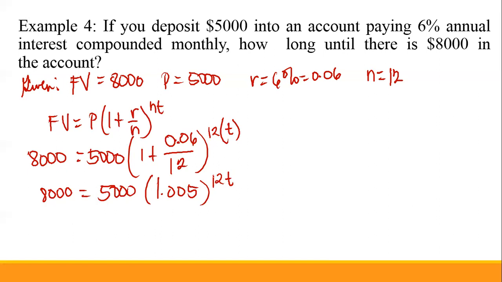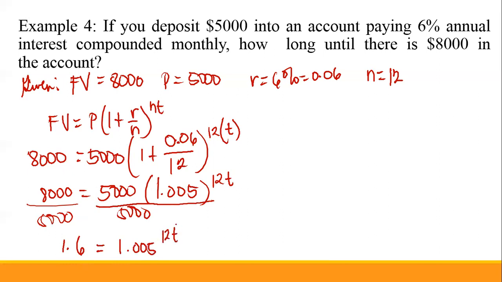Ayan. And then divide each side by 5,000. So since we're going to divide each side by 5,000, this is now equal to 1.6 equals 1.005 raised to 12 times t.